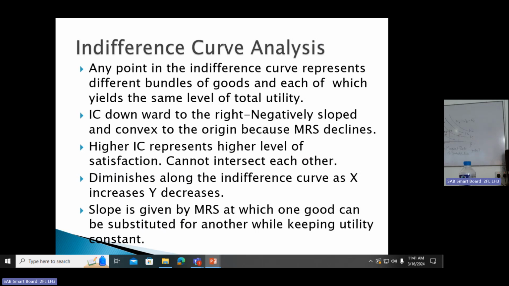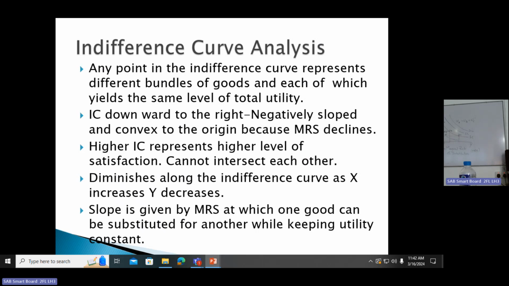And the utility of A should equal the utility of B as well, because it is also the same level of indifference curve along IC2. So if UA equals UC and also UA equals UB, then therefore we can say UB should equal UC. Can it happen?